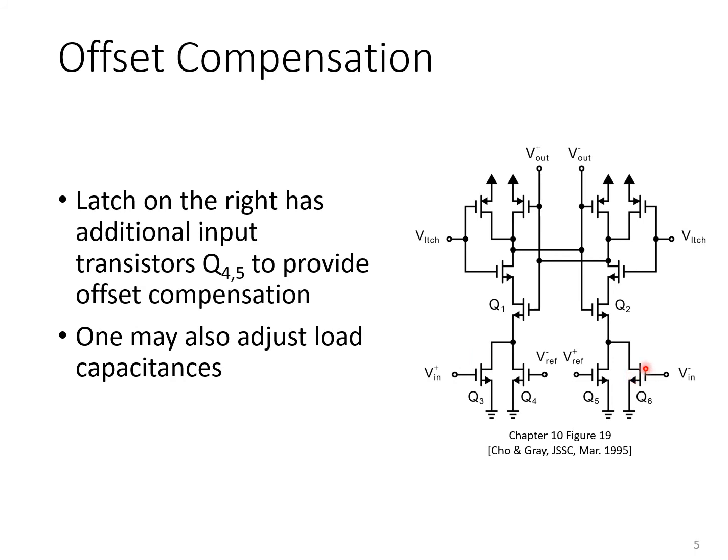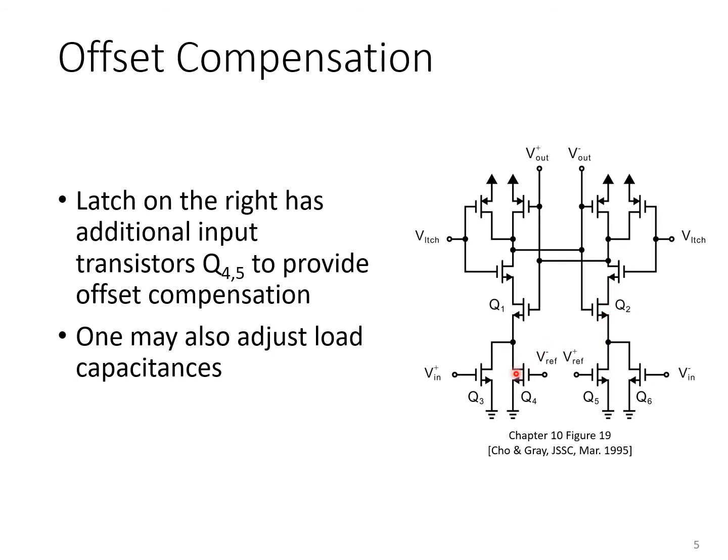But you'll see in parallel with the input transistors Q3 and Q6, we have an additional transistor pair, Q4 and Q5, that if driven by differential voltage at Vref here, can apply an offsetting current into the regenerative inverter pair up here. So you can imagine, even if the input differential voltage is 0, if there's a differential input Vref applied, that's going to give one side of the regenerative comparator a bit of an advantage in the race to the bottom.